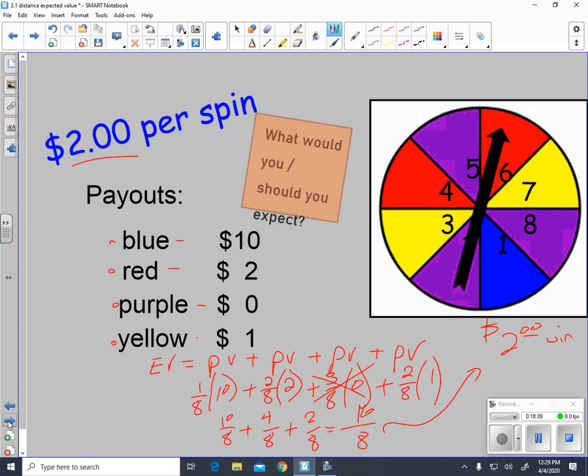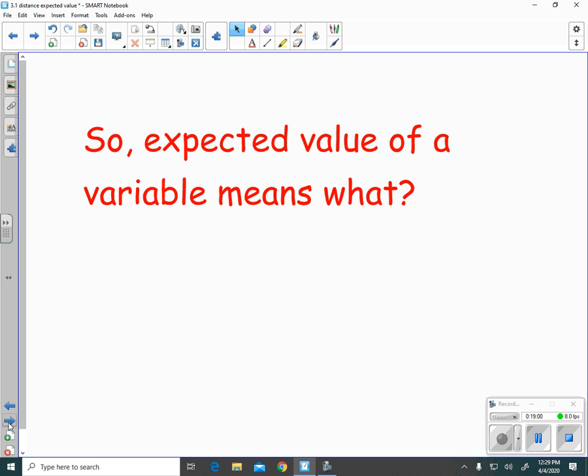Now, finally, if we factor in the cost to play the game, which is $2, again, this is an example of a game where it's a break-even scenario, where it's neutral. I'd expect to win 2, but if you factor in the cost to play, it becomes a break-even game.